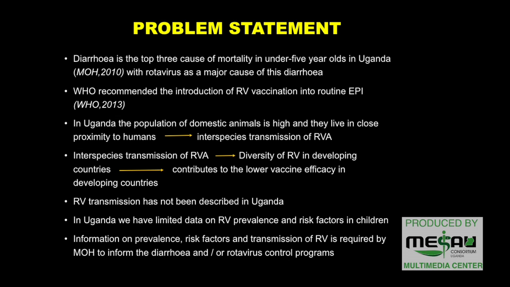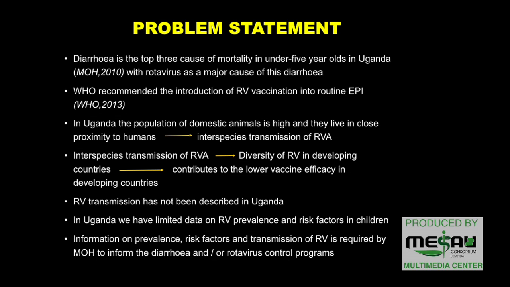However, rotavirus vaccine efficacy has been reported to be lower in developing countries like ours than in developed countries. One of the causes of that low efficacy might be the high variety of rotavirus strains, and it has been hypothesized that this is caused by interspecies transmission of rotaviruses.